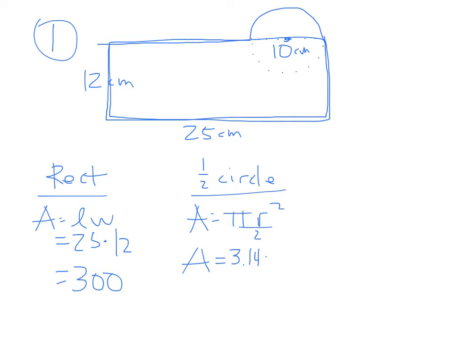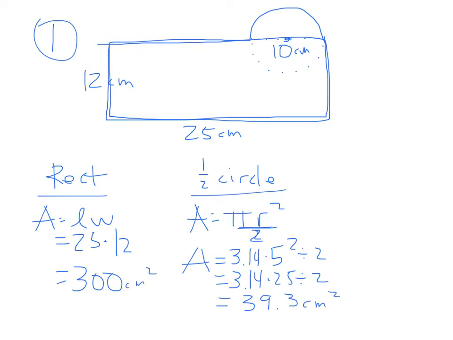You kind of look at it like it's a full circle for a little bit, is 5, so it's times 5 squared. 5 squared is 25, so we've got 3.14 times 25, which is, well, actually we're going to divide that by 2 also, since it's a half circle. And after you've done all that, we end up with about 39.3 centimeters squared.